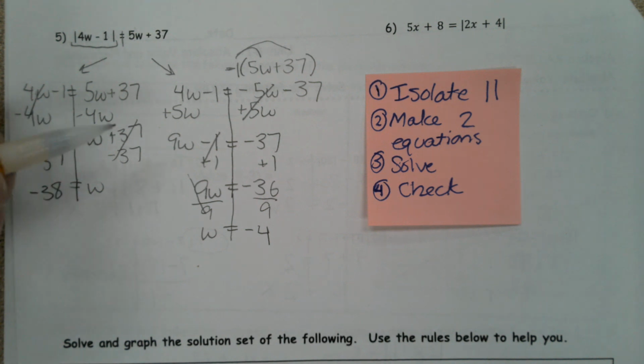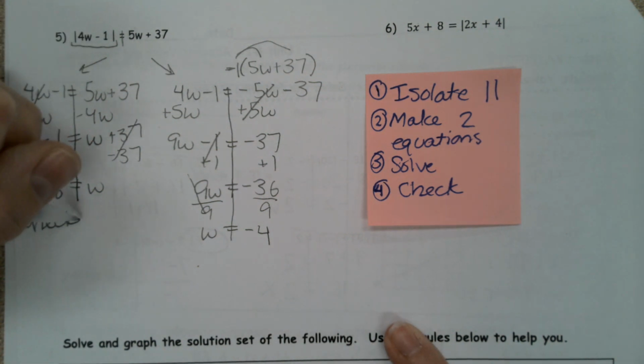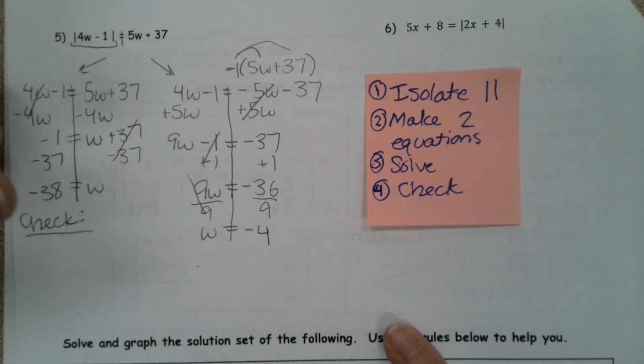Now again, I'm going to check my work. w equals negative 38. That's what I'll do first.